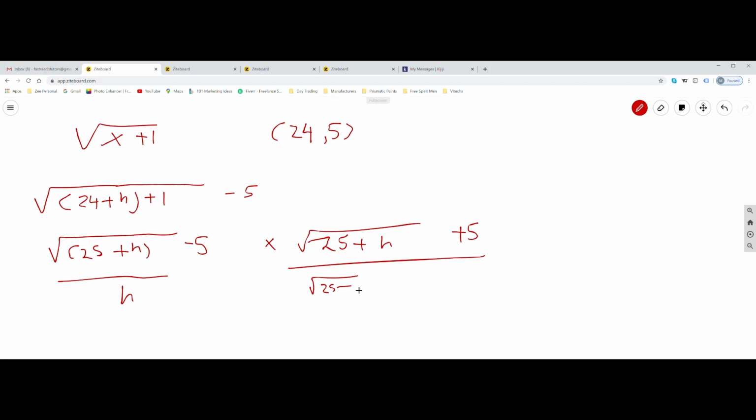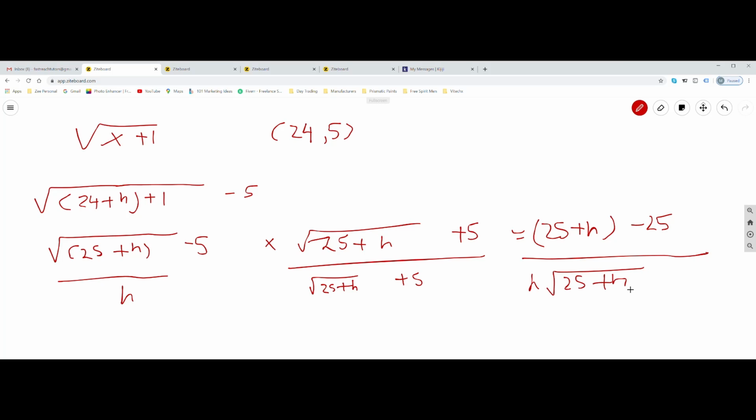Over square root of 25 plus h plus 5. So you're left with 25 plus h minus 25 over h times square root of 25 plus h plus 5.